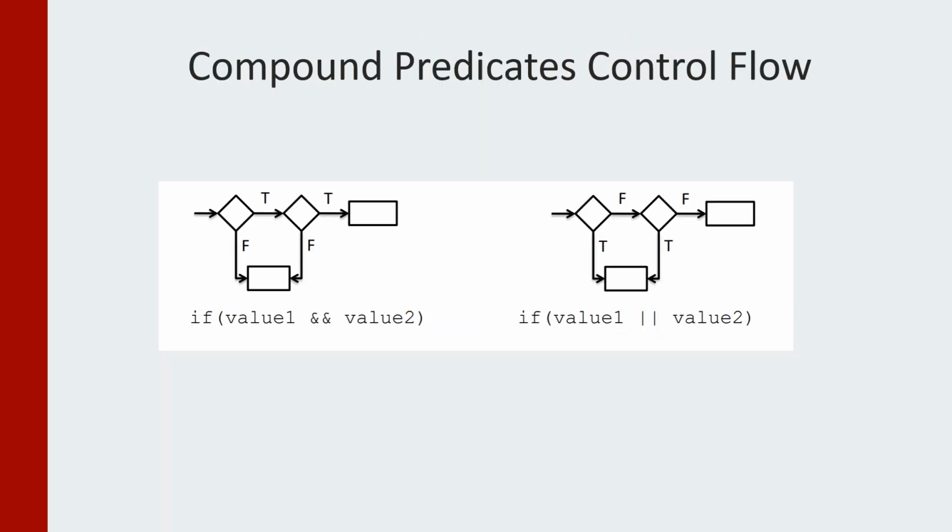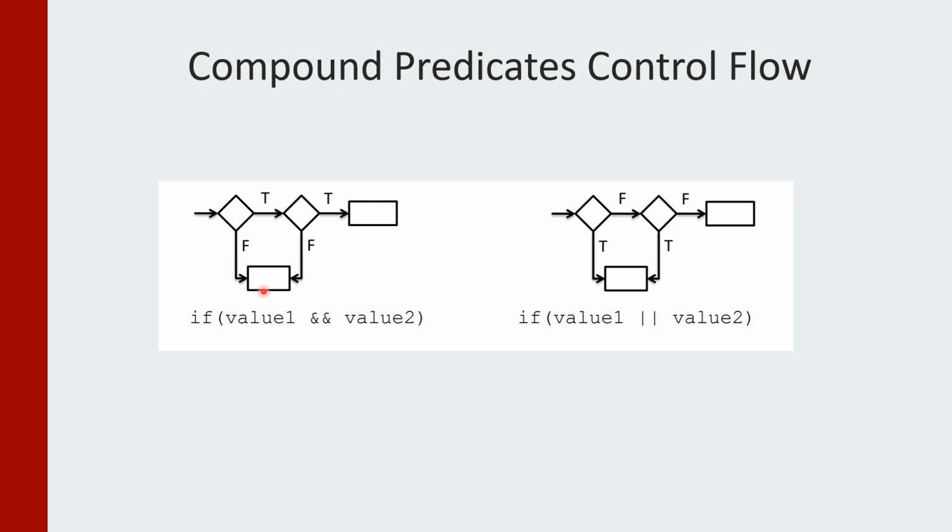Let's look at a couple more examples to understand a little bit better what's going on with these diamonds. So here I have some compound predicates. When you have a more complicated thing inside your if statement, you want to have more boxes. So if value 1 and value 2, then I have this box right here where if both diamonds are true, then I will do something because that lets me go into the body.